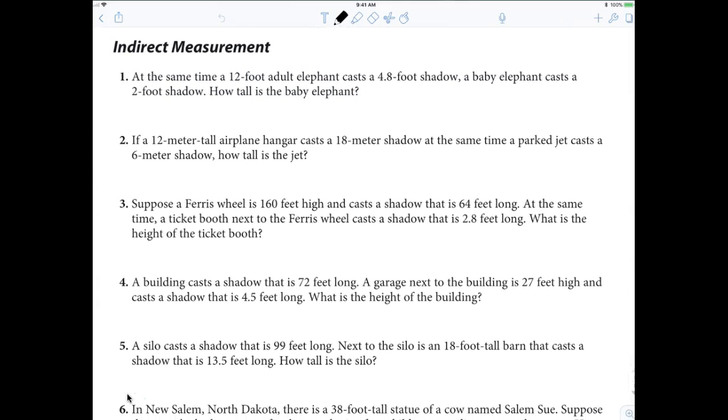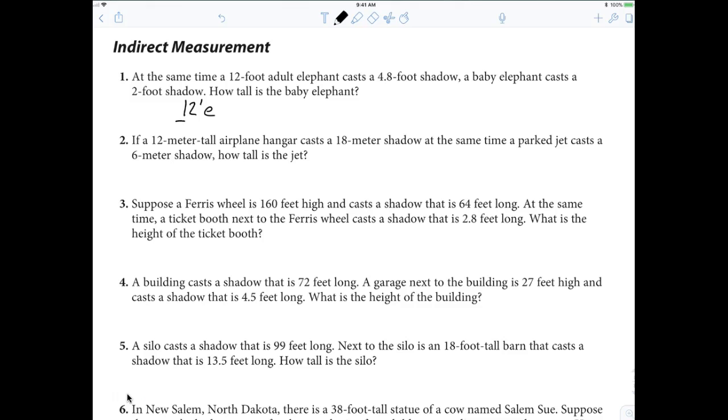Number 1. It says, at the same time, a 12-foot adult elephant casts a 4.8-foot shadow. All we're doing is setting up proportions. For this proportion, you have a 12-foot elephant. I'm putting an E there for the elephant.